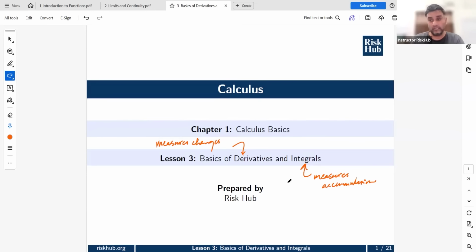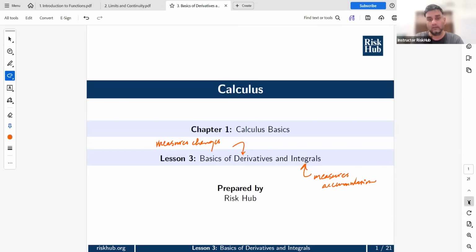So there are two tools inside calculus. One is for measuring changes, the other is for measuring accumulation. We start with derivatives first and try to understand them.